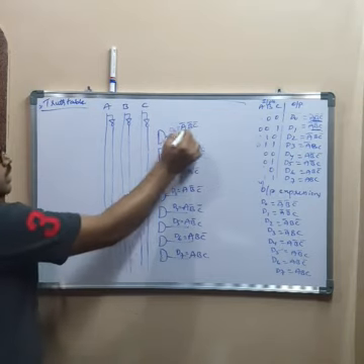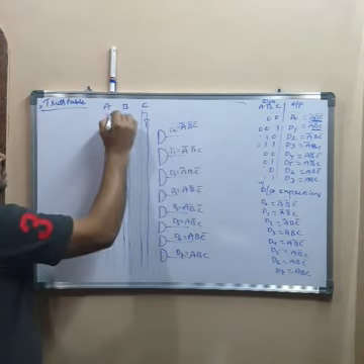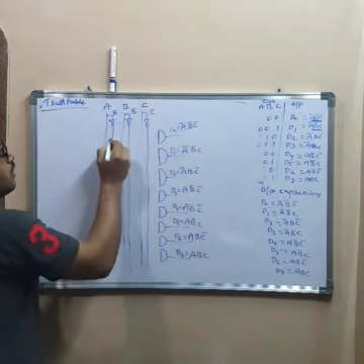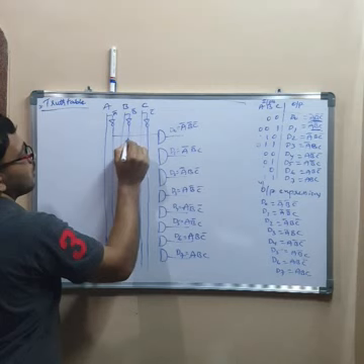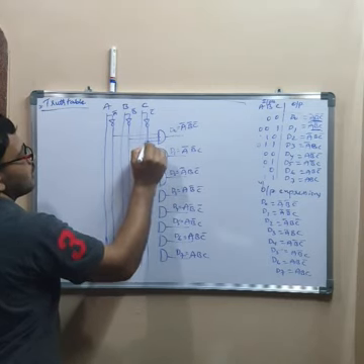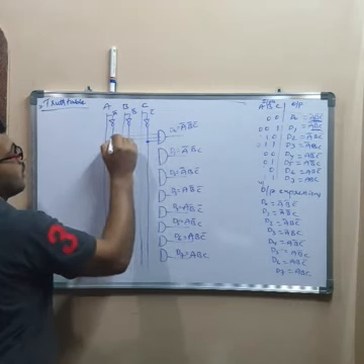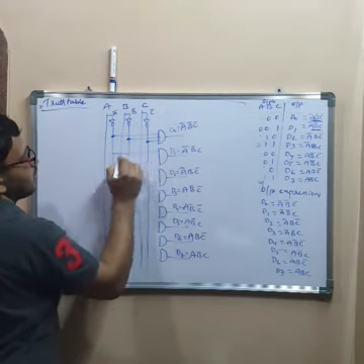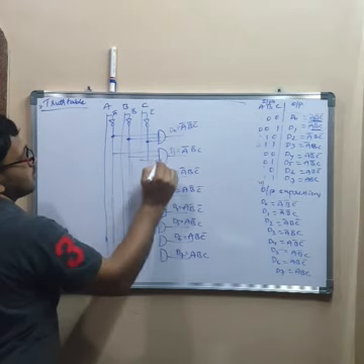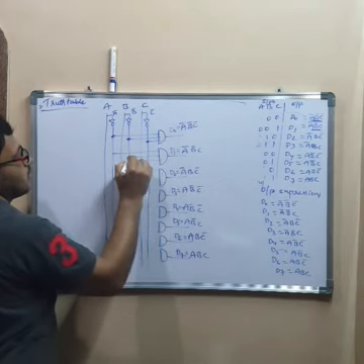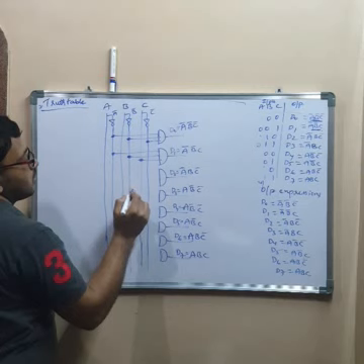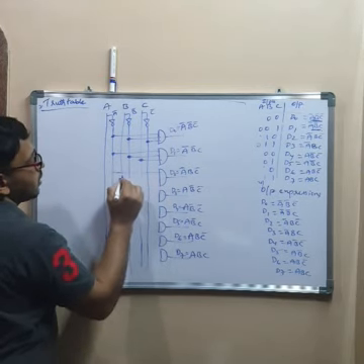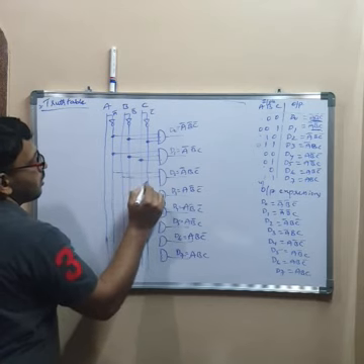Right? I will connect simply these variables. So this is A bar, B bar, C bar. I will connect this A bar, B bar, C bar. Next A bar, B bar, C. Next A bar, B, C bar.